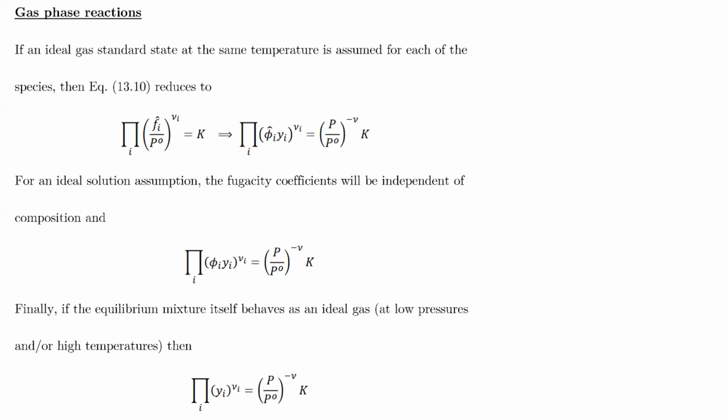It can be written in terms of fugacity coefficient into mole fraction, to the power of the stoichiometric coefficient, and P by P naught to the power minus V. When this is an ideal solution, then this is equal to phi I only.